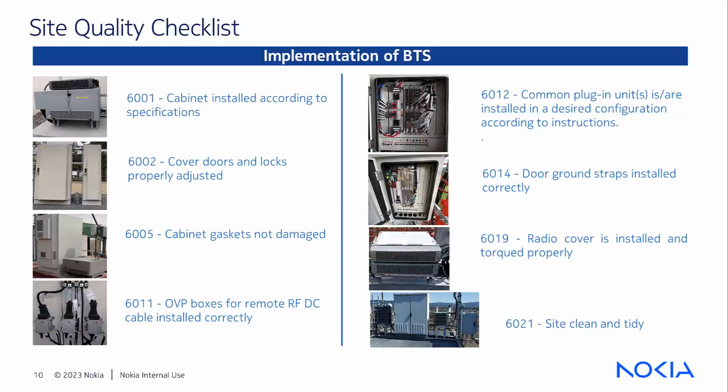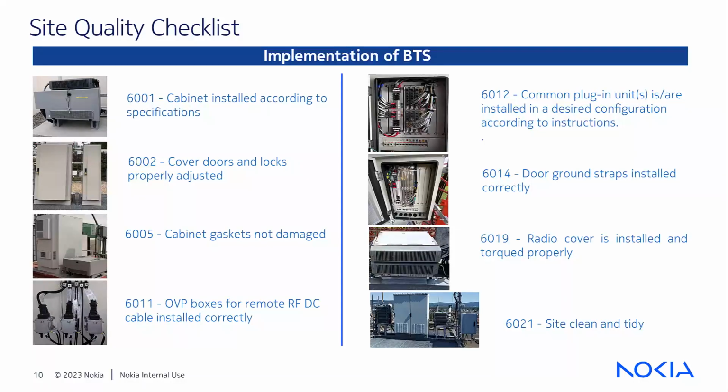Now let us go through some examples of the checkpoints from the global quality checklist used for BTS implementation scope. Starting with the first one: cabinet is installed according to specifications. Cover, doors and locks properly adjusted. Cabinet gaskets not damaged. OVP boxes for remote RFDC cable installed correctly.